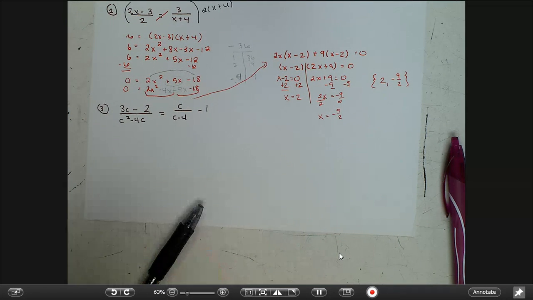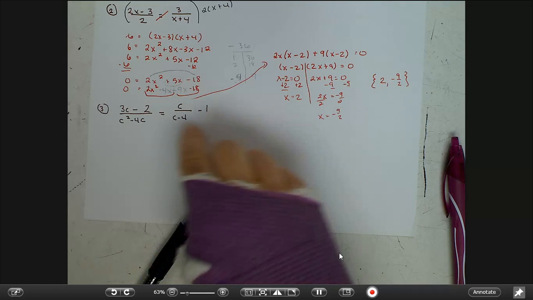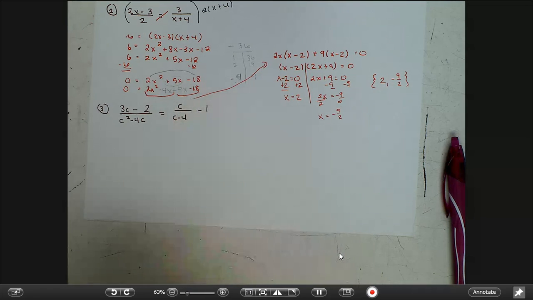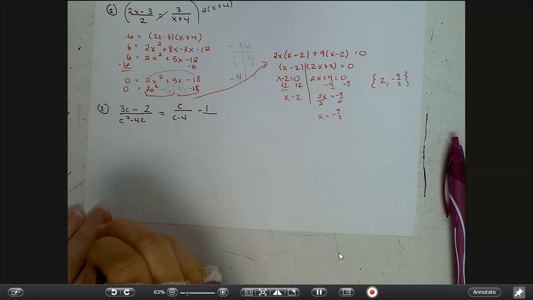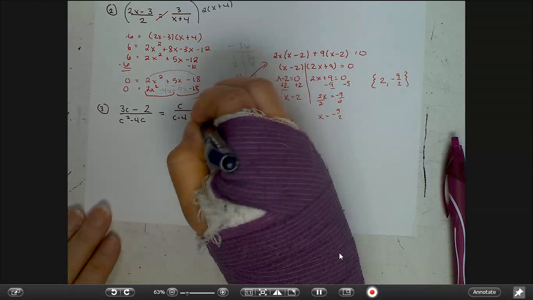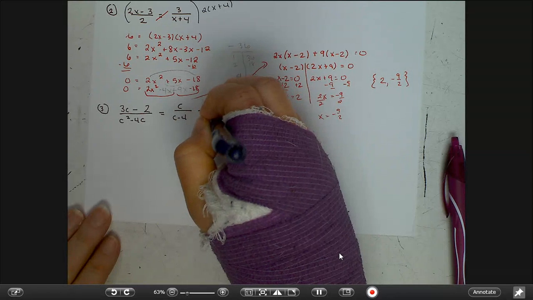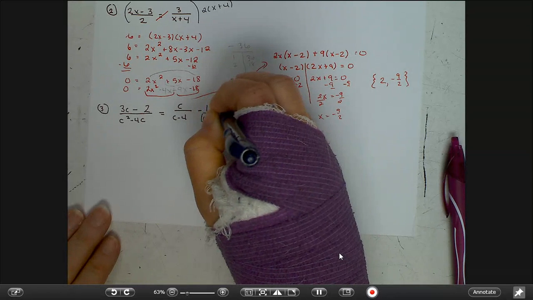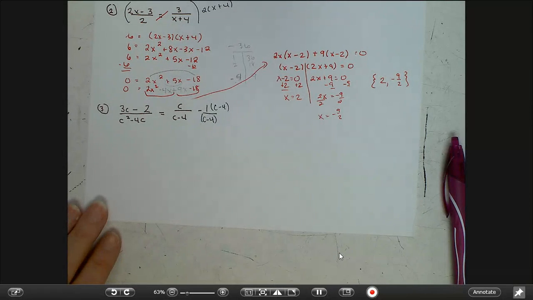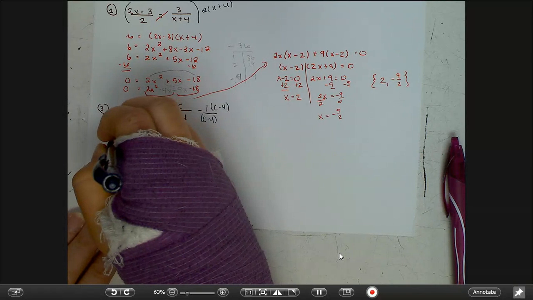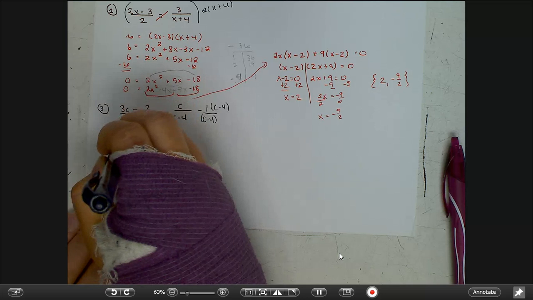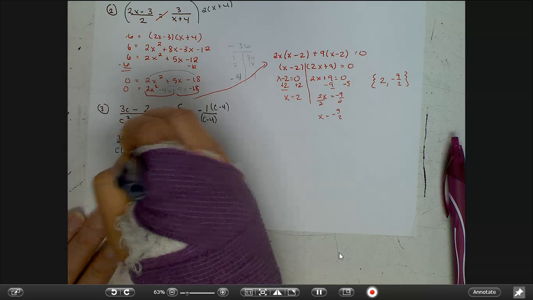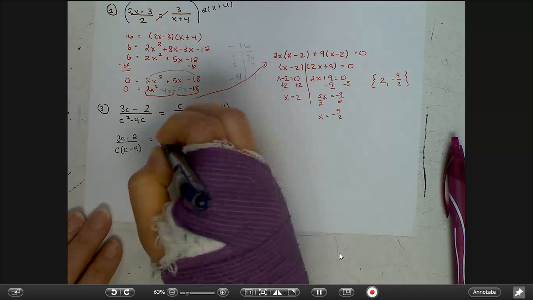We kind of need to condense the right-hand side first, before we move on. So in order to condense it, we're going to have to get a common denominator. I'm going to have c minus 4, which means we need a c minus 4 in the numerator. This side, I'm going to factor the c. And on this side, we're going to combine.